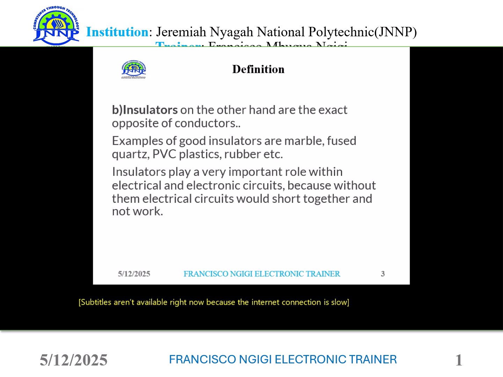Examples of insulators are marble, quartz, PVC plastic, and rubber. Insulators play a very important role within electrical and electronic circuits, because without them, electrical circuits would short together and not work.